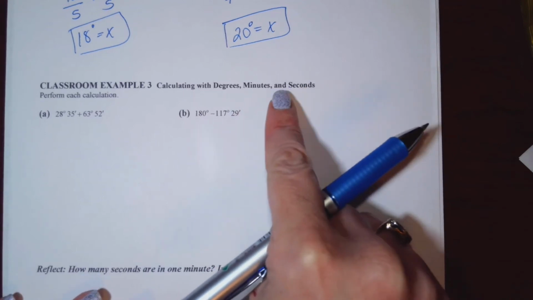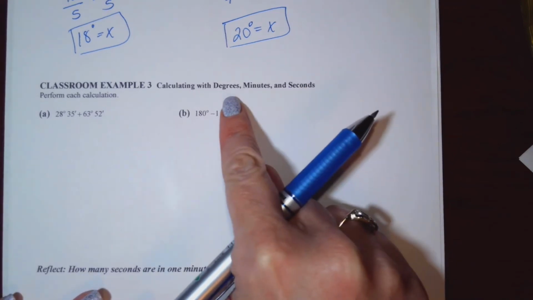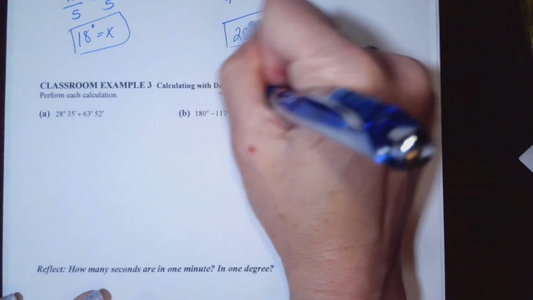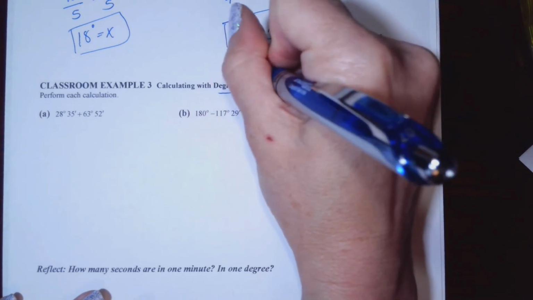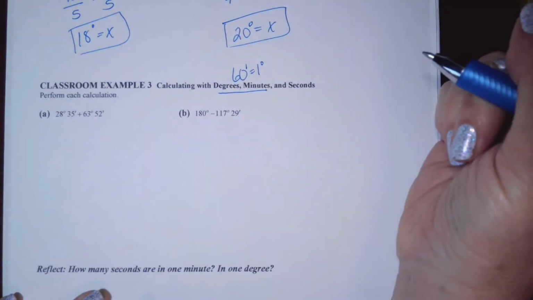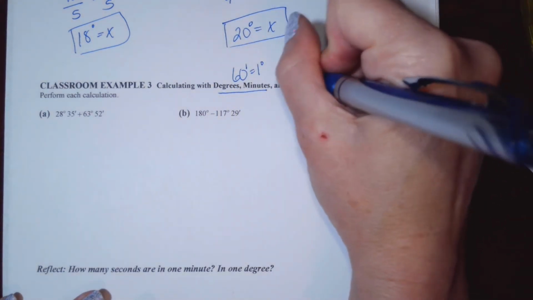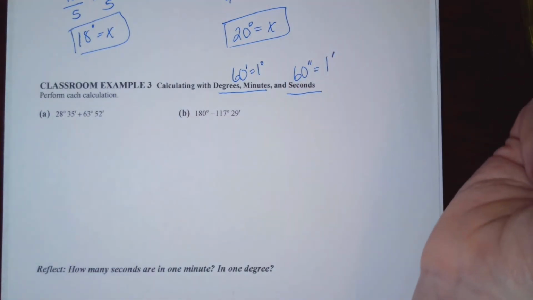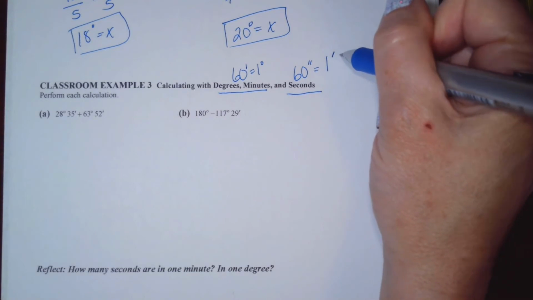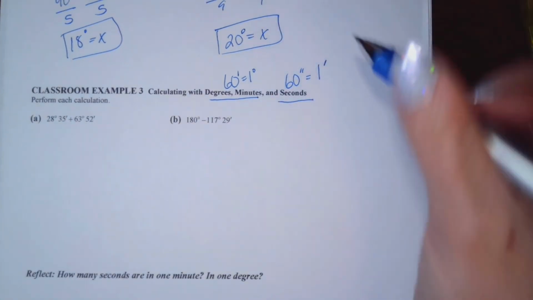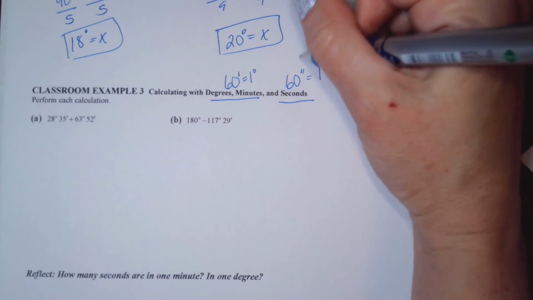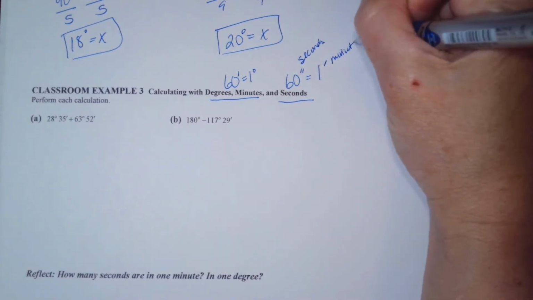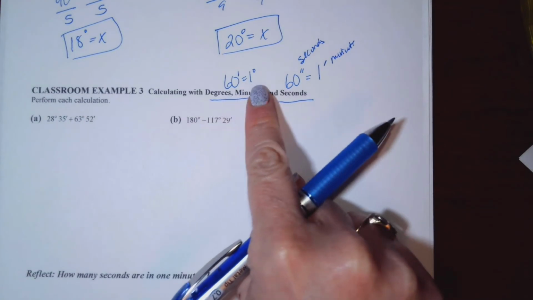There are 60 minutes in 1 degree, and there are 60 seconds in 1 minute. We use 1 apostrophe for minutes, 2 apostrophes for seconds. So 60 seconds in 1 minute, 60 minutes in 1 degree.